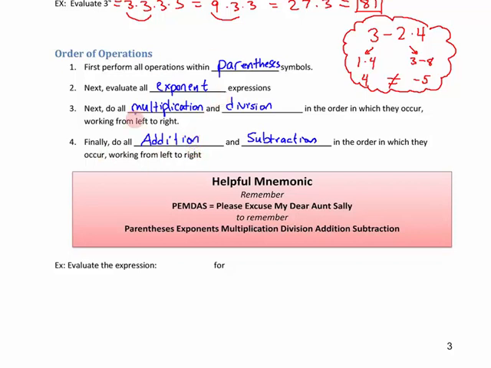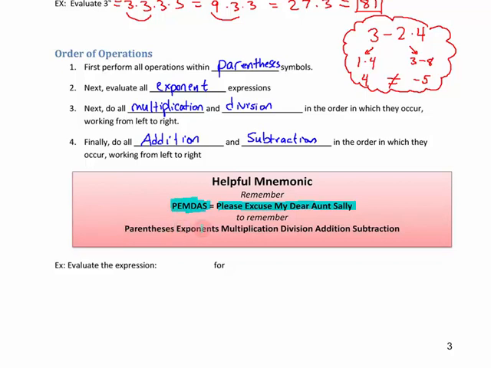Now, instead of having to memorize it in this form, there is a helpful mnemonic that you can use. It's this phrase PEMDAS. The way that I remember it is, please excuse my dear Aunt Sally. PEMDAS. Okay, now the P will stand for parentheses.